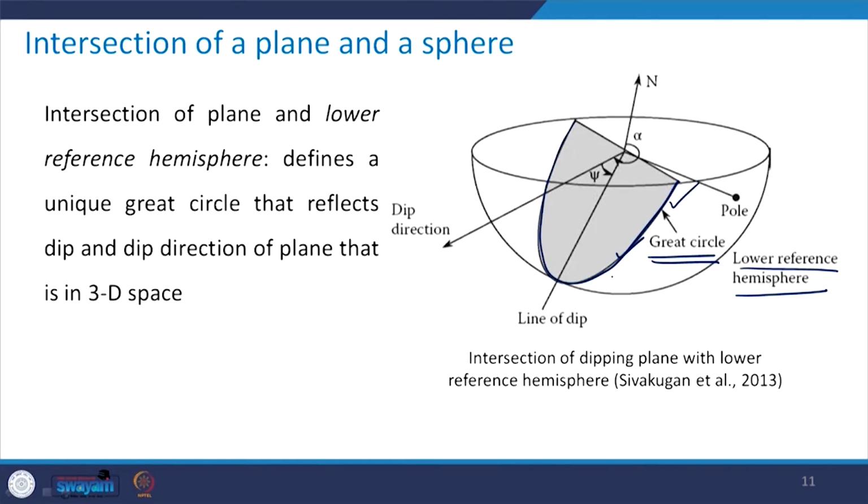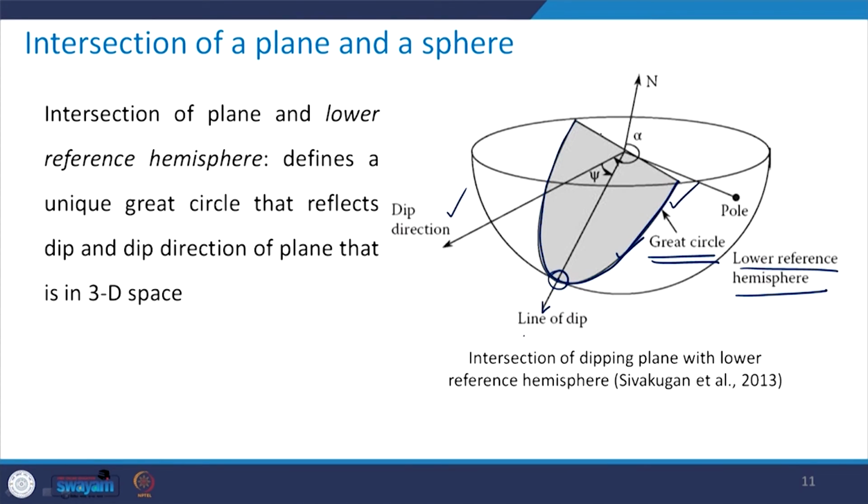You can see that this is the line of dip, where it has the maximum curvature at this point. Join it with the center and that is what is going to give you the line of dip. Then that is the horizontal one, that is the dip direction.